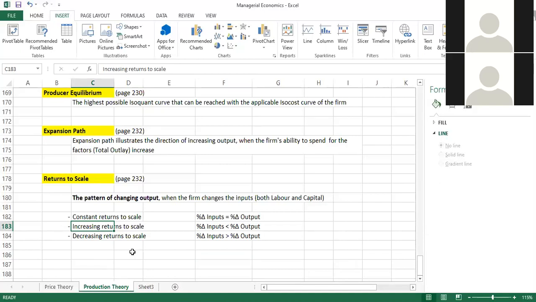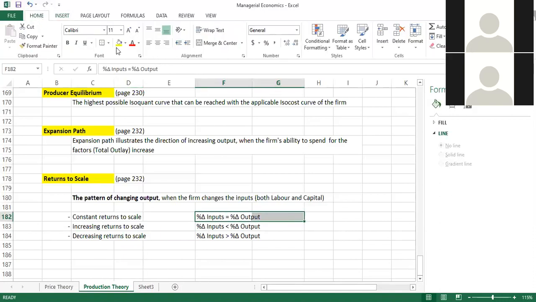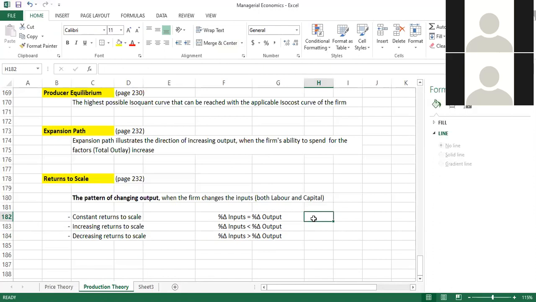Usually we can identify increasing returns in the initial stage of production, right? Initial stage of production, we can identify increasing returns to scale.